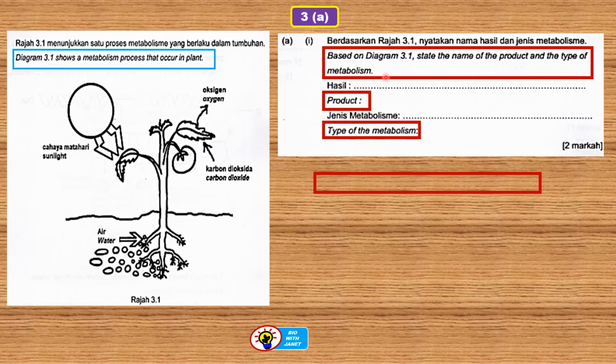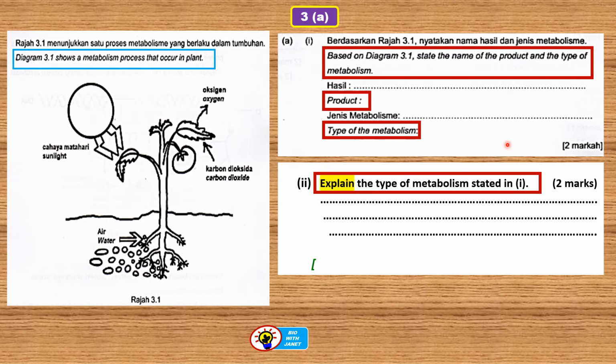Now you can pause the video and try the question first. So what is the name of the product from this process? It is glucose. And the type of metabolism is either catabolism or anabolism. In this case, it's anabolism.